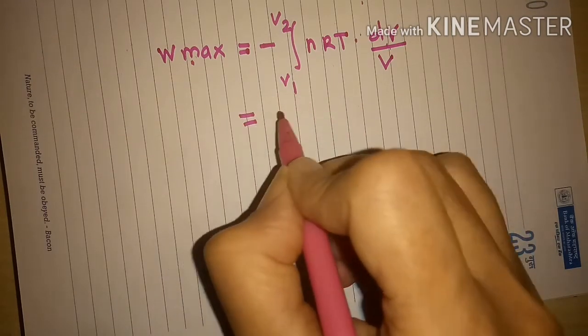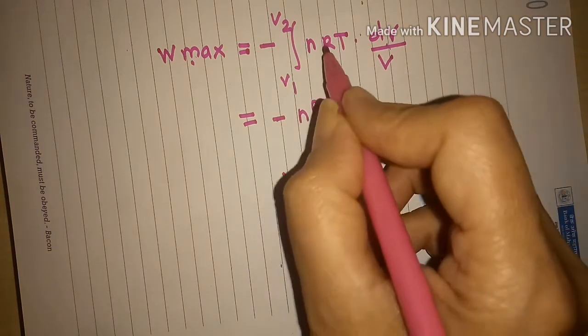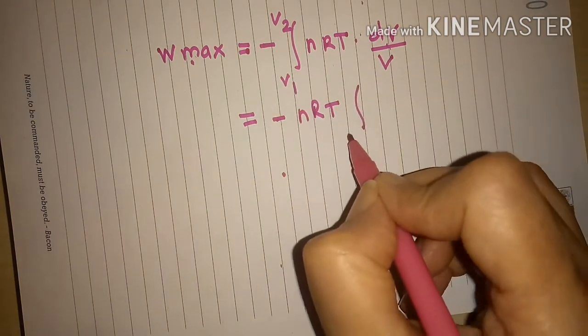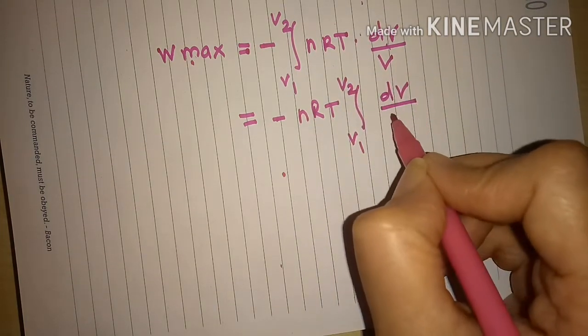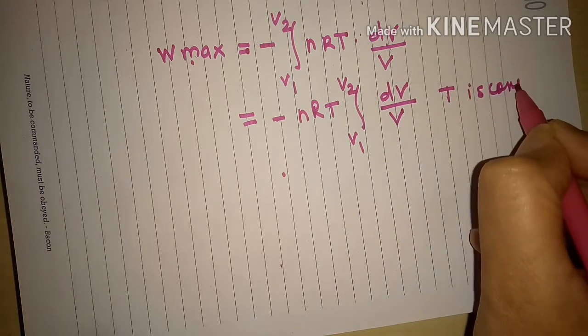So you can write further minus nRT. These are the constant things, so you can keep them outside the integration sign and integrate between the limits V1, V2, dV upon V, where T is taken as constant.